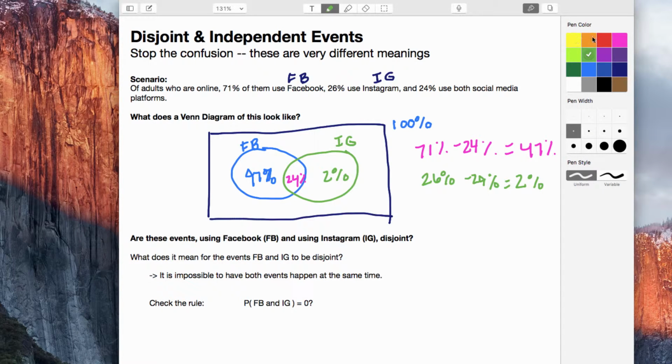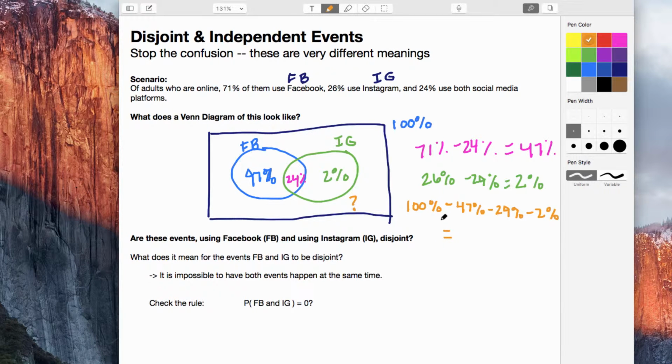But then we have this outside area. What about out here? This box represents everyone. It's 100%. So I've used 47%, I've used 24%, and 2%. I've accounted for that much percent of the people, so I need to find the outside area. Maybe I'm asked a question about it in a later problem. I'll take 100% minus the 47% minus the 24% and then minus the 2%.